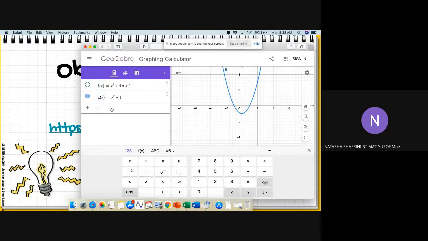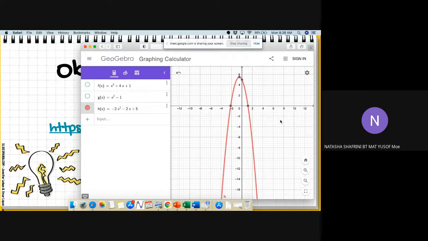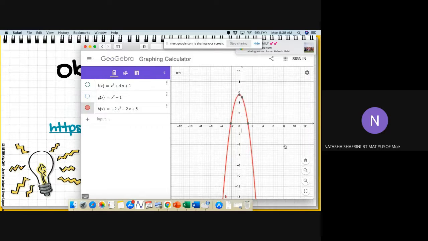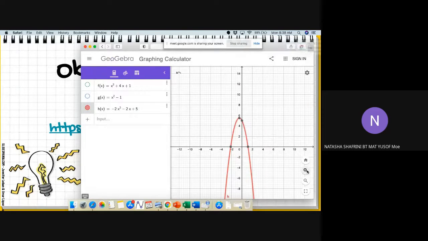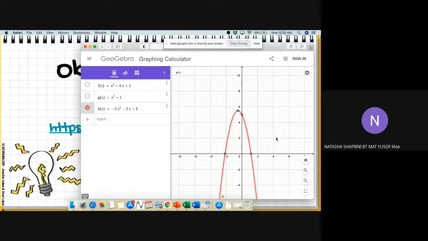Okay, then the third expression is negative 2 x square minus 2x and plus 5. Okay. So now the shape of graph. Okay, the shape of graph.